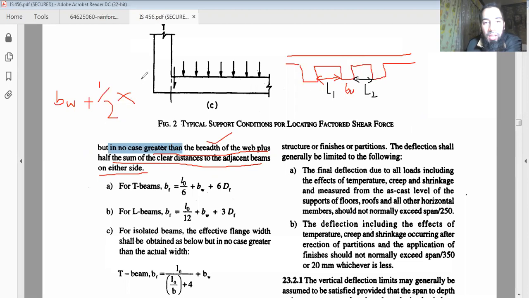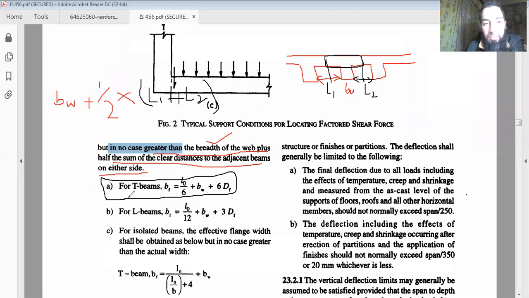Then this would be half of L1 plus L2. So this portion becomes the effective flange width if there are beams on both the sides, or otherwise the T beam's effective width would be taken from this.